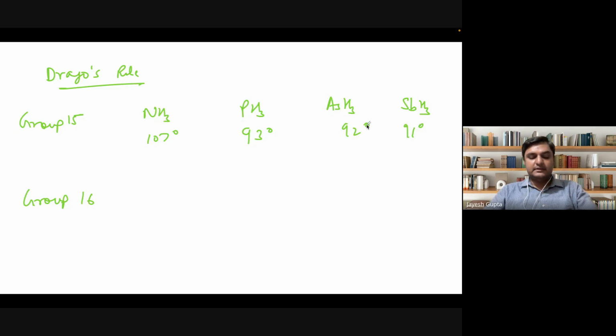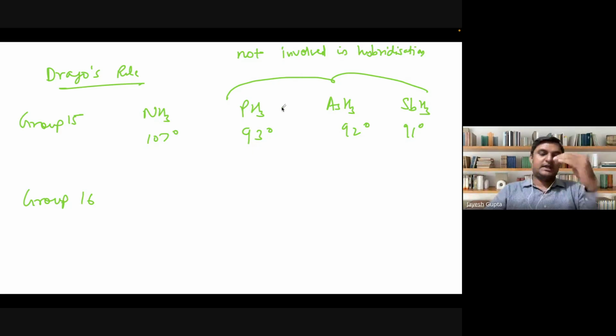Now why is this happening? The reason is that if you collectively see, from the third period onwards, the central atom is not involved in hybridization. Okay. If it is not involved in hybridization, the hybridization will not be sp3.